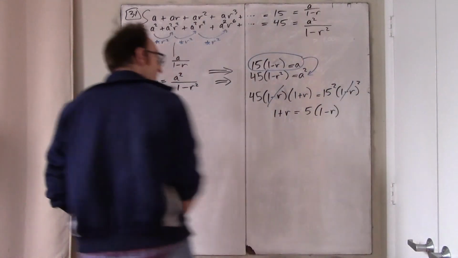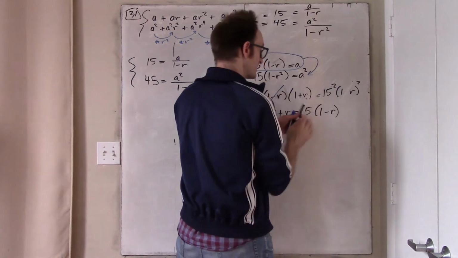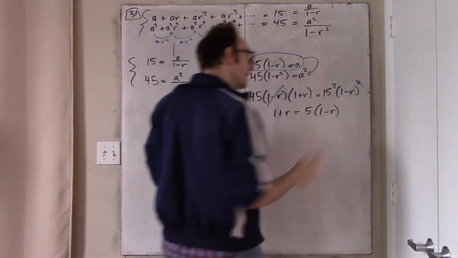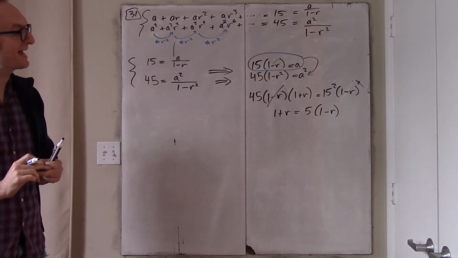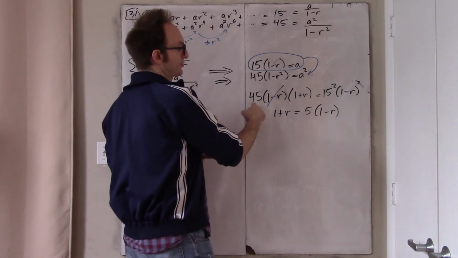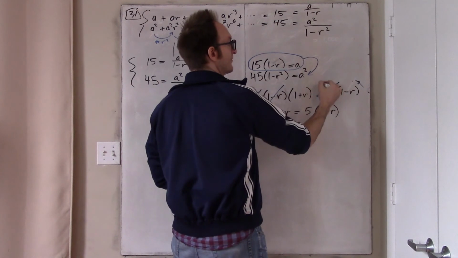Sorry, that was a little bit badly explained. I canceled one of these factors of 1 minus r, and I divided both sides by 45. And 45 is just 3 times 3 times 5, so that leaves me with 5 left over.